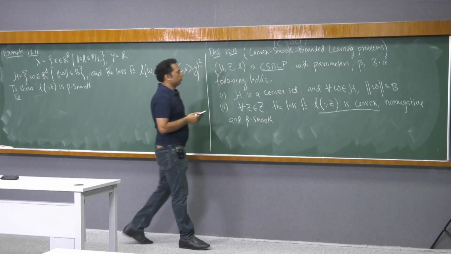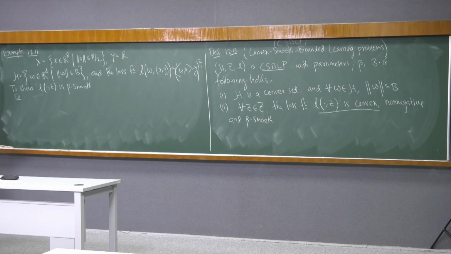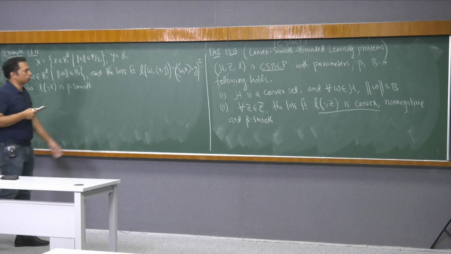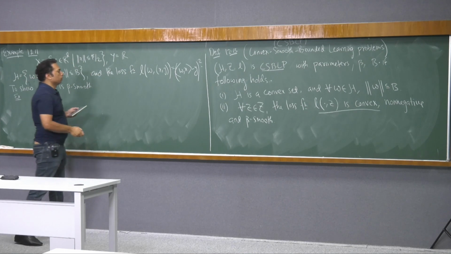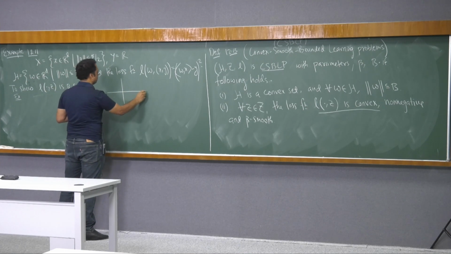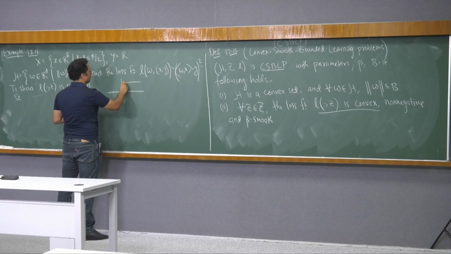Now, as we know, sometimes loss functions may not be convex. For instance, if I take a 0-1 loss, the 0-1 loss is not a convex function. Basically any kind of thresholding in general is not convex.